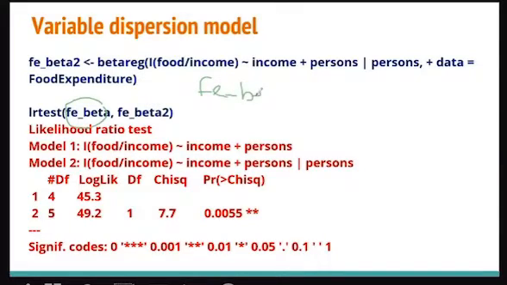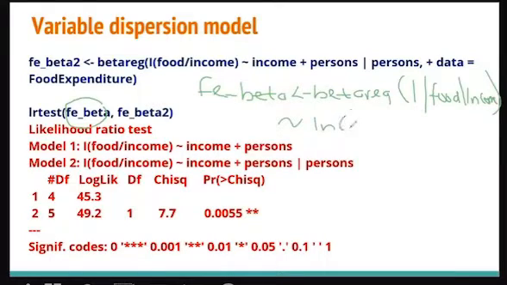The FE beta here is going to be beta reg of one minus food divided by income, and I'm going to regress that on income plus persons. That is what I mean. For those of you online, I'm still going to write that for those in person.